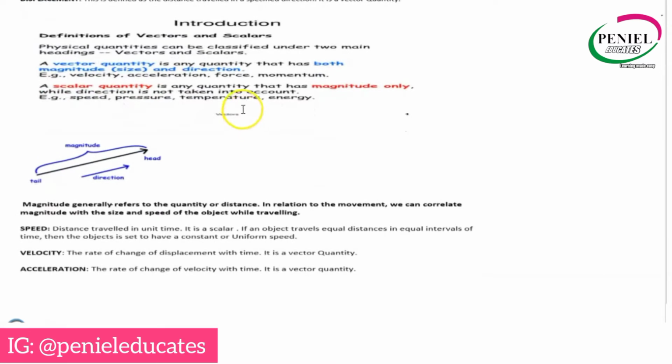Okay, so let us look at some definitions before we go further to explain other things. Displacement is defined as distance traveled in a specified direction, and displacement is actually a vector quantity.